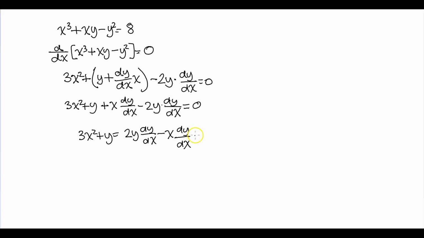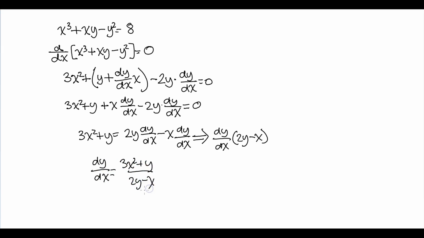So this gets us dy dx times 2y minus x. And we're going to now divide by 2y minus x, and get dy dx equals 3x squared plus y over 2y minus x. And we are done.